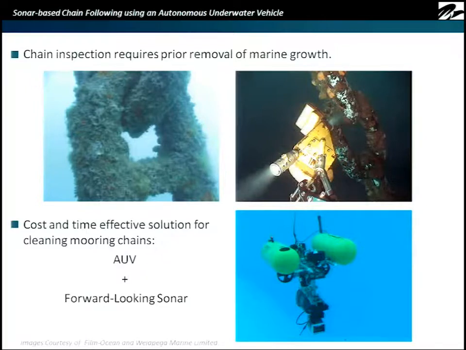This is typically performed through divers or remotely operated vehicles, but we want to propose a cost and time effective solution for cleaning mooring chains that is based on using an autonomous underwater vehicle equipped with a water jet and a forward-looking sonar so we can operate under turbidity conditions. So while we have other works dealing with the robust control of the water jet perturbations, in this work we are focusing on the detection and following of the chain using sonar imagery.